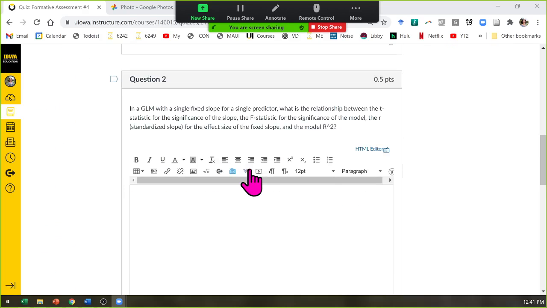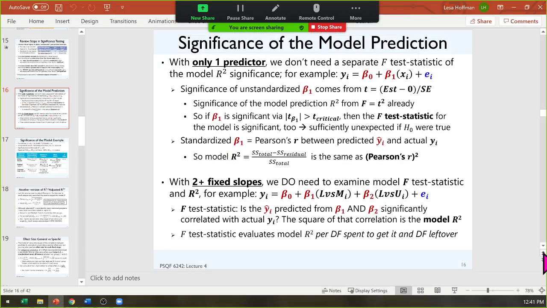Okay, so question 2 is looking at the relationship between T, F, R, and R squared if there's only one slope in the model. I am pulling this directly out of this slide, lecture 4, slide 16.